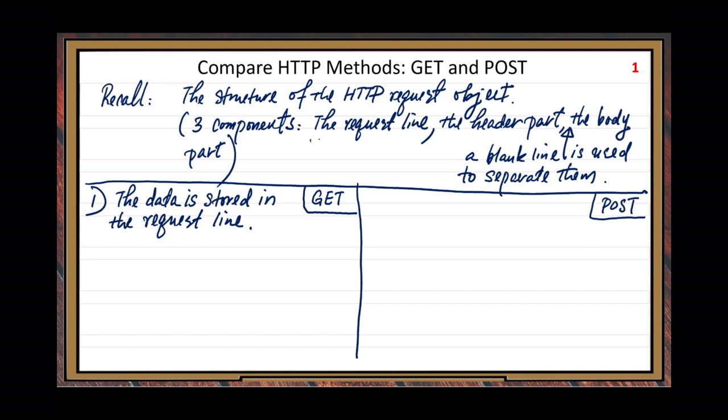So the first component, request line. Here the data is stored in the request body.